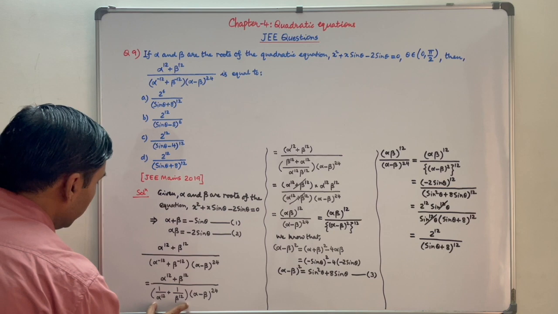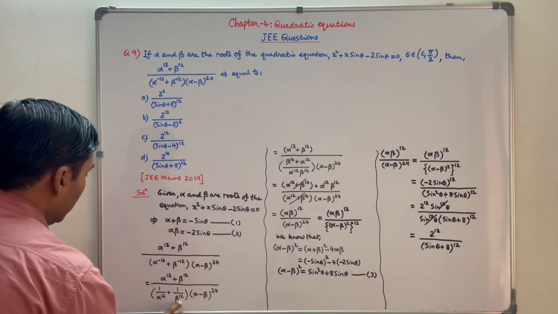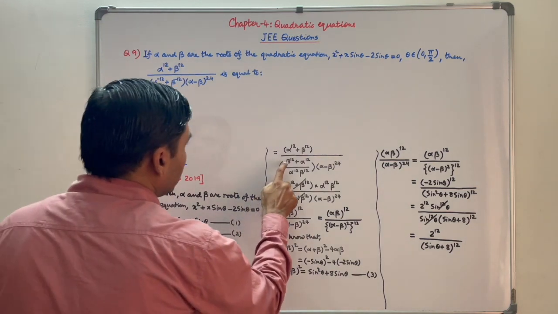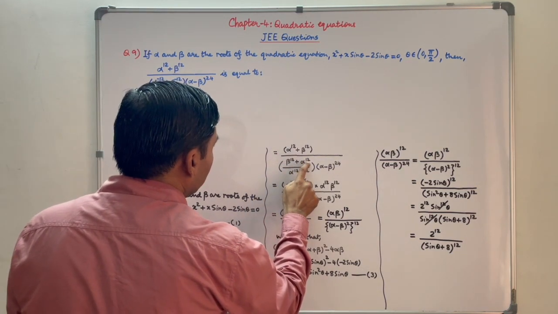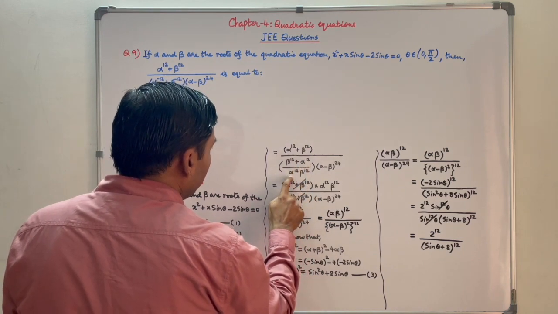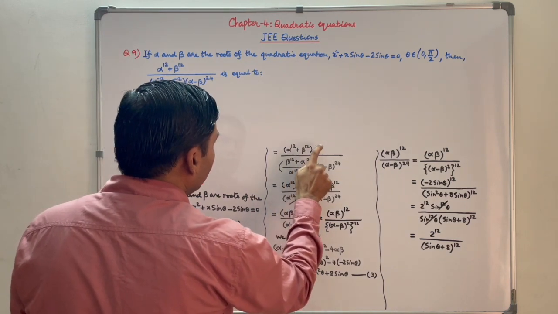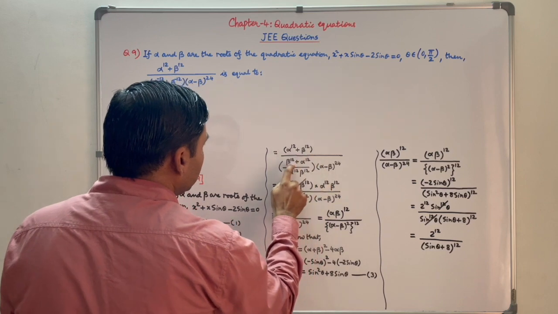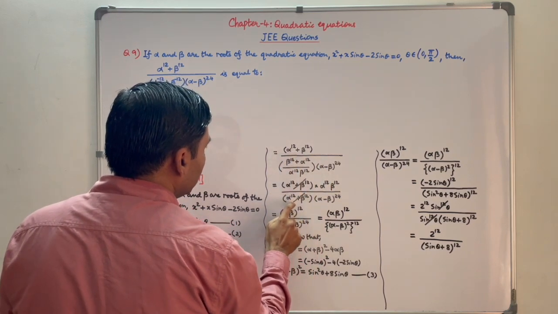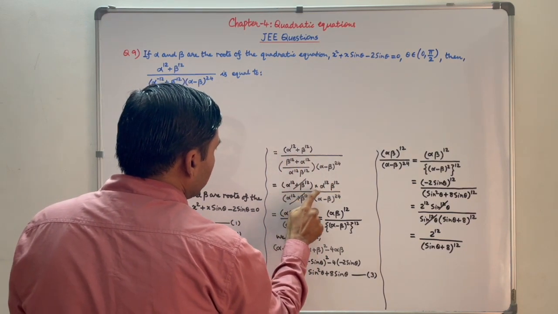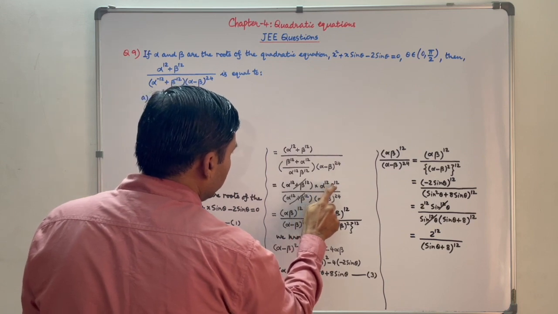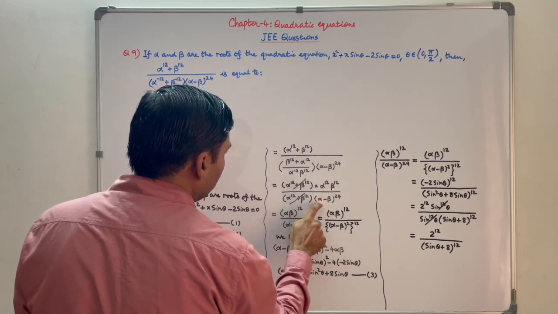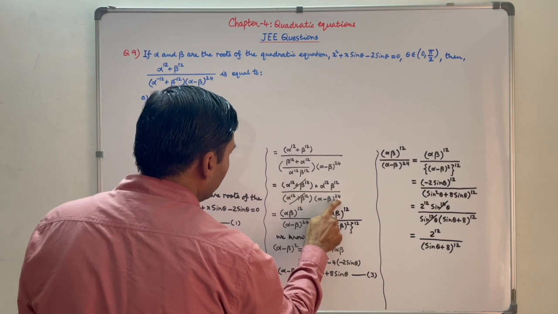We will take LCM of this part, and the LCM will be alpha to power 12 into beta to power 12. In numerator, it will be beta to power 12 plus alpha to power 12. Now, alpha to power 12 into beta to power 12 will go into numerator, and this part will get cancelled. So expression is simplified as alpha to power 12 into beta to power 12 upon alpha minus beta to power 24.